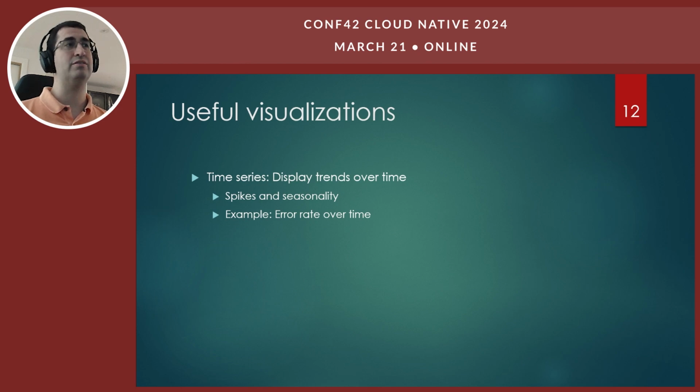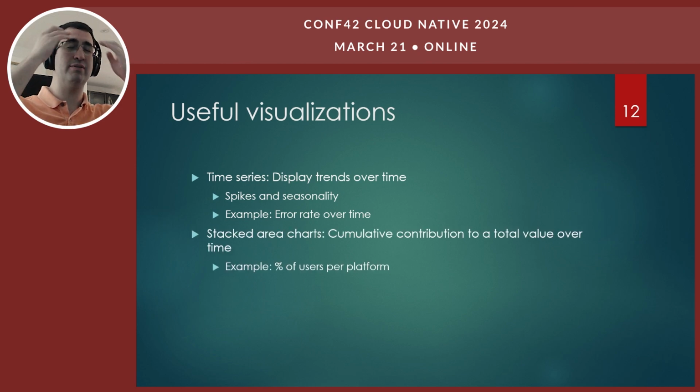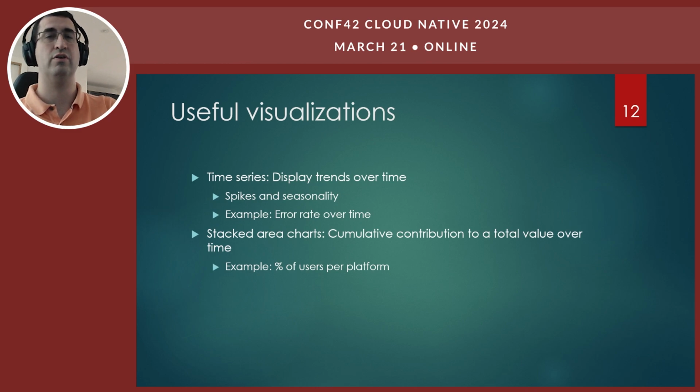Another thing, it's also usually a time series, but a stacked area chart when you want to see the cumulative contribution to total value. So let's say, for example, you want to monitor the percent of users using your application through different platforms. You want to see, for example, mobile, Android, iOS, the website or mobile website, depending if you want to make this difference.